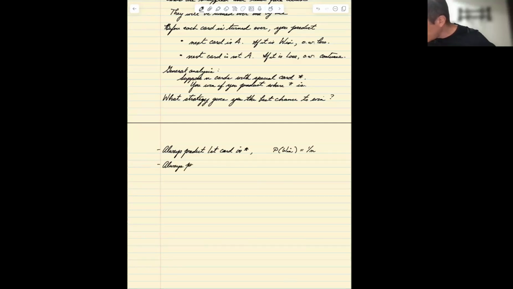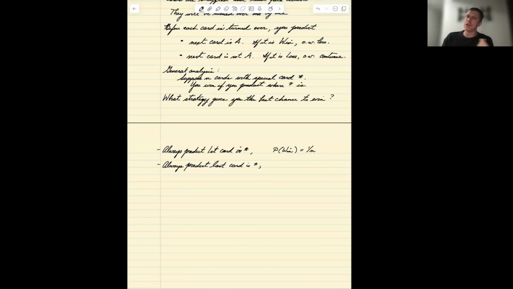Now, what if I said I'm going to always predict that the last card is special? The idea is if I can get all the way to the last card, I'm guaranteed to win because I'll know that that's the special card. There's some logic there, but what's the problem? It's hard to get to the last card.